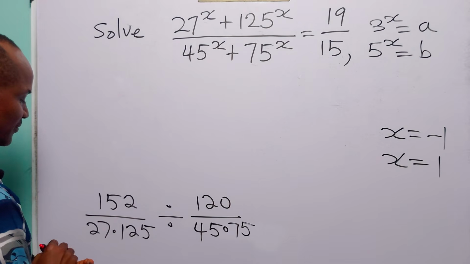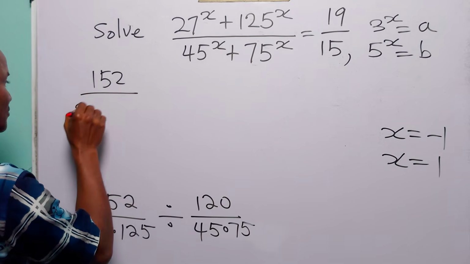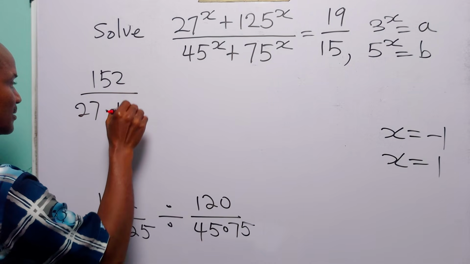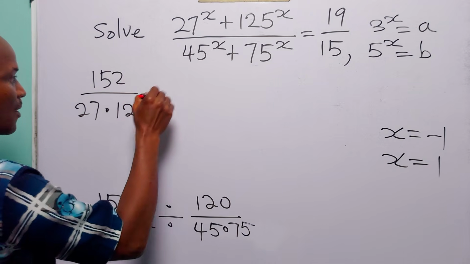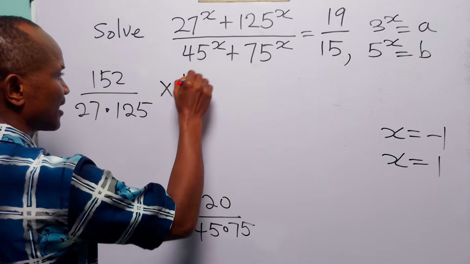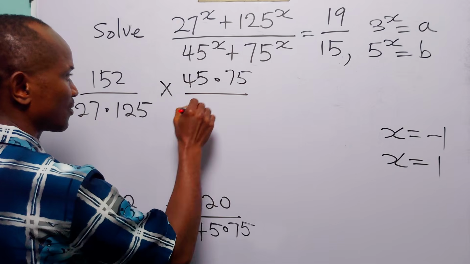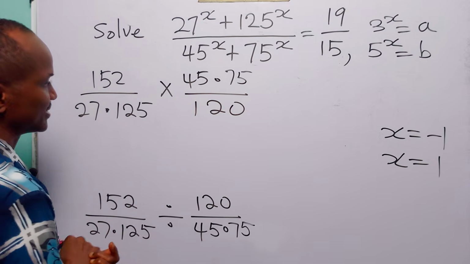And from here we have 152 over 27 times 125 multiplied by, we now turn this upside down. So we have 45 times 75 over 120.